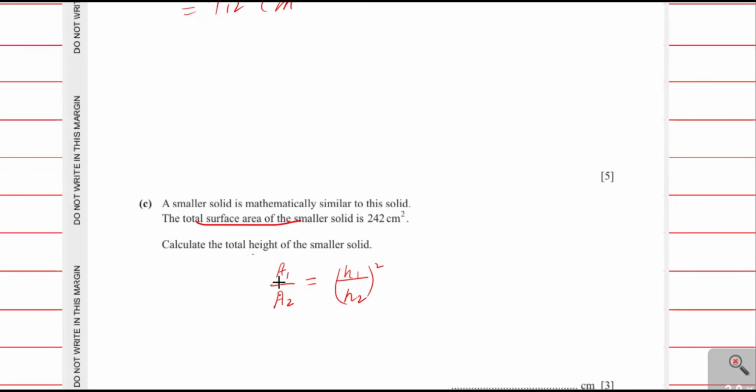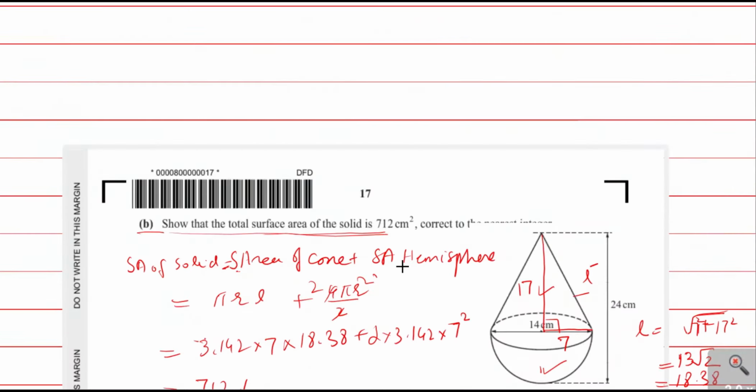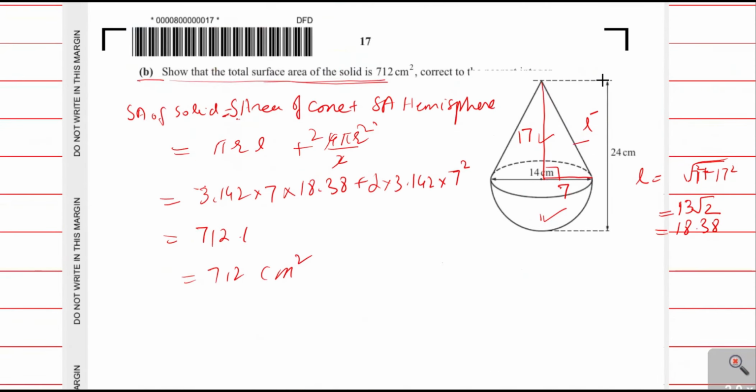whole square. Area of smaller solid here is 242 and height of smaller solid here is H1 and the area of larger solid this is 712. We write here 712 and height of larger solid, look here, this is 24 centimeter.